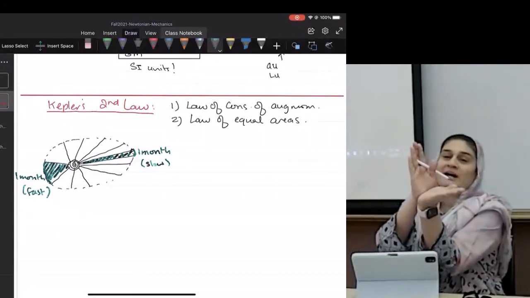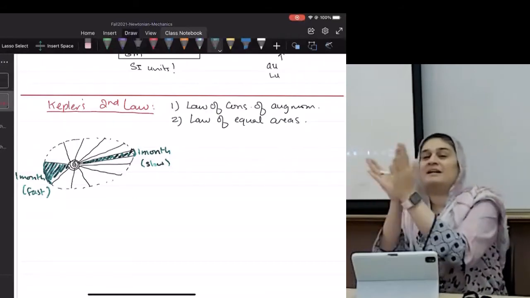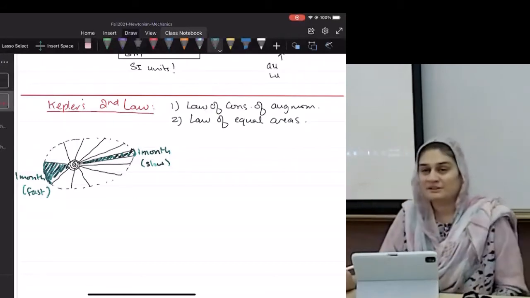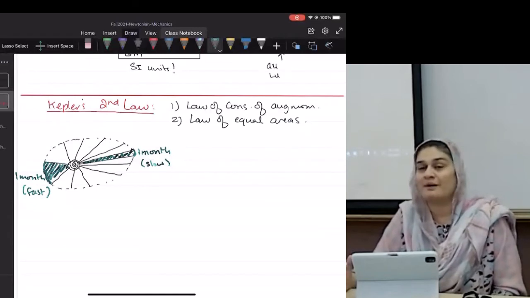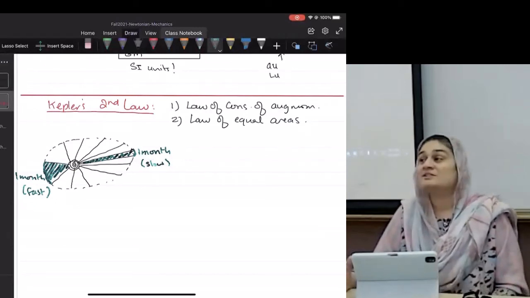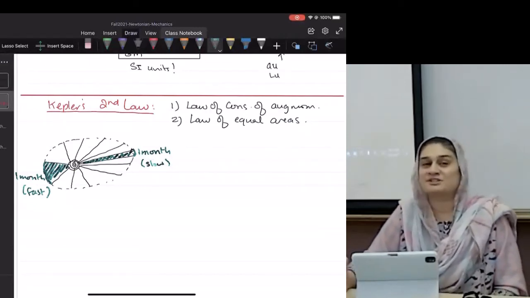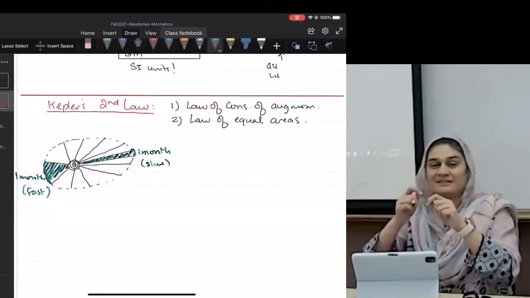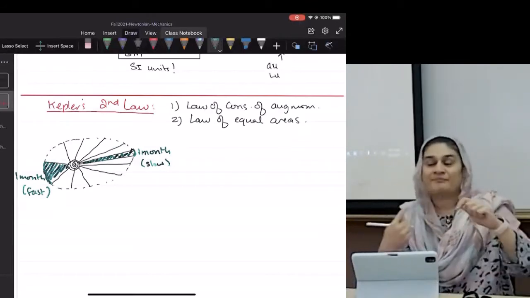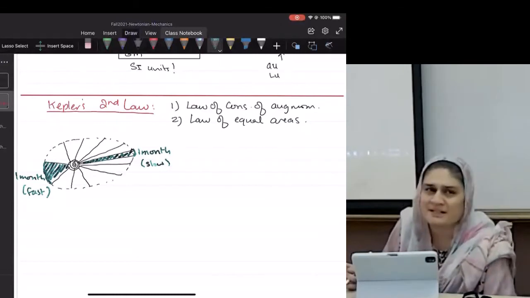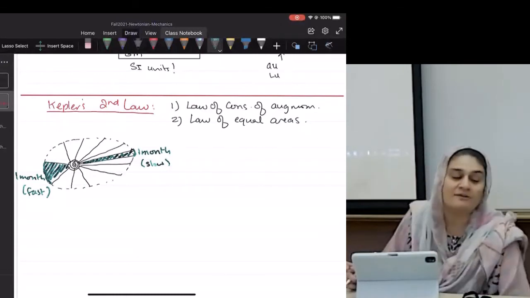It all depends on how far away a planet is from the sun at that moment. And they change, right? So we always talk about average distances, the average distance between the sun and Pluto, the average distance between the sun and Earth, right? It doesn't stay constant. It keeps changing. Does that make sense? So that is why it's called the law of equal areas.